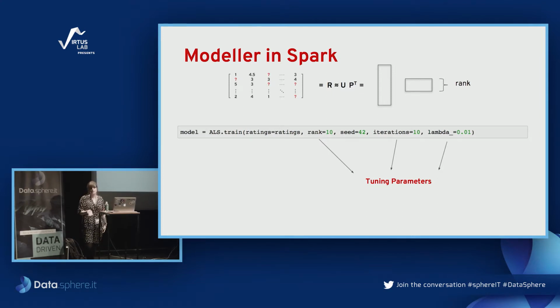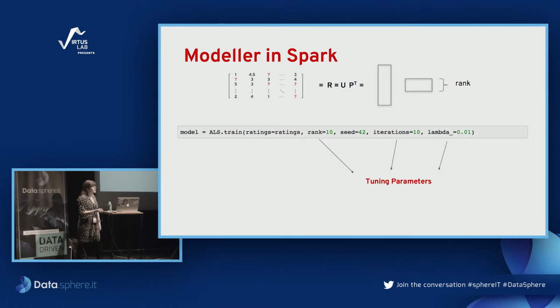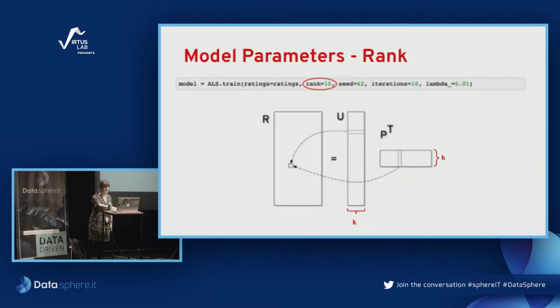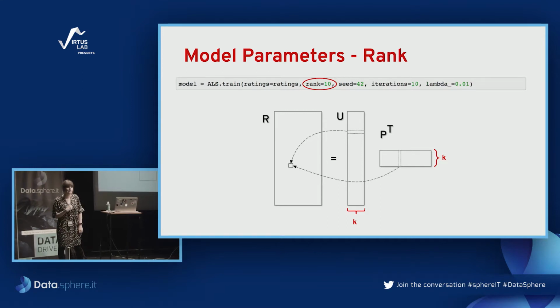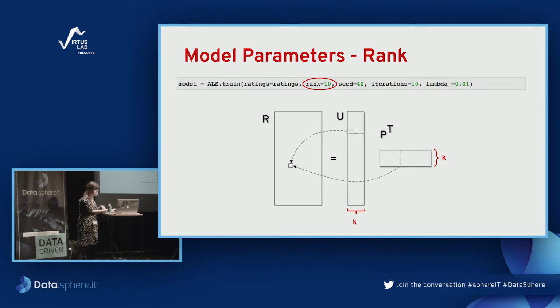So the three parameters of the model are rank, lambda, and iterations. So let's take a little look at those. Rank is simply the number of features that we have in our approximating matrices U and P. So in this example, U has k columns, P has k rows. Our rank is k.